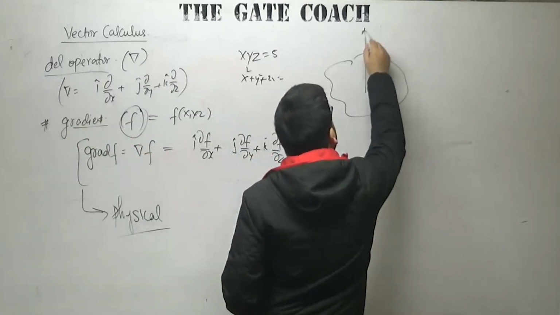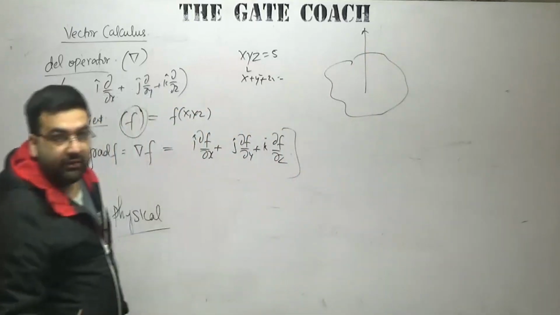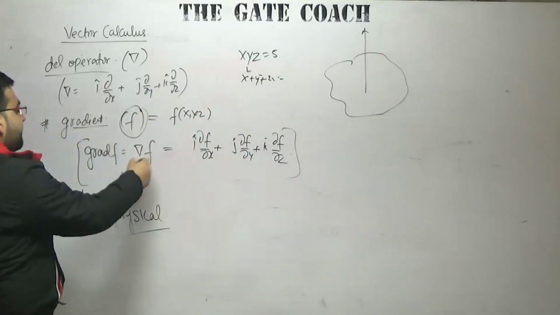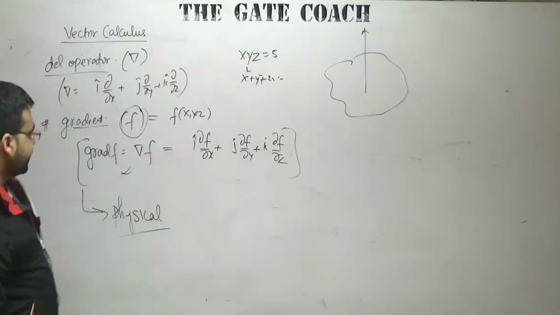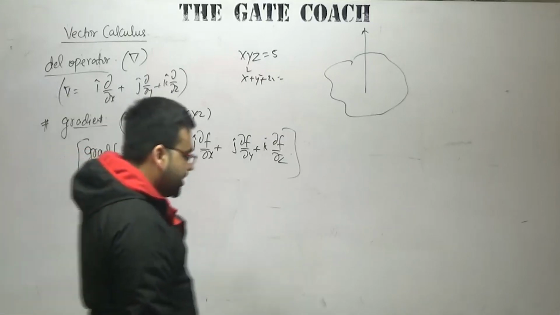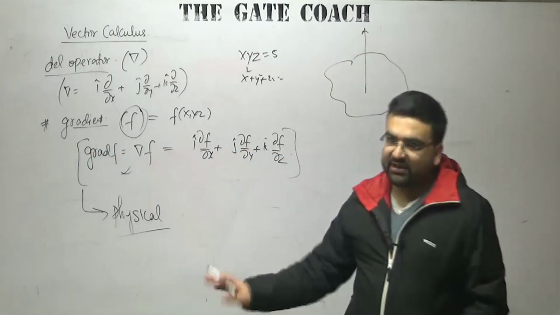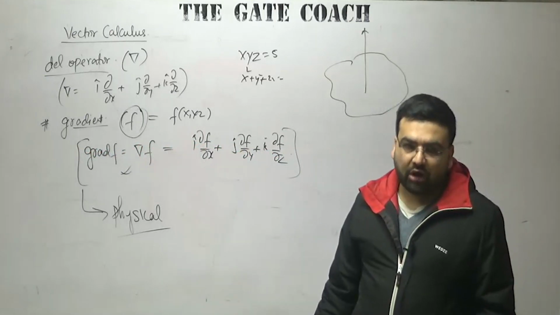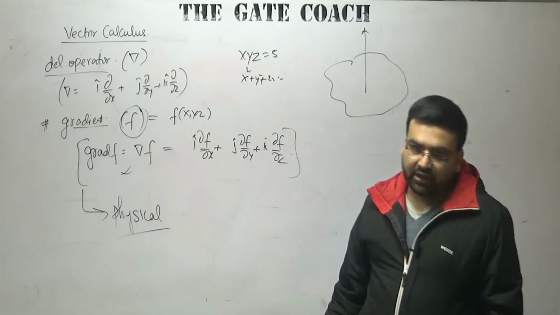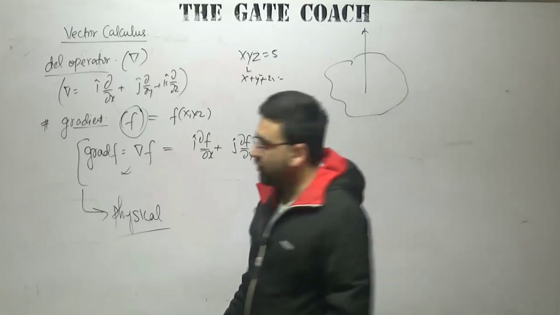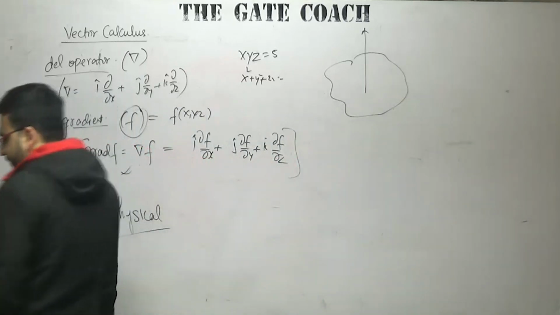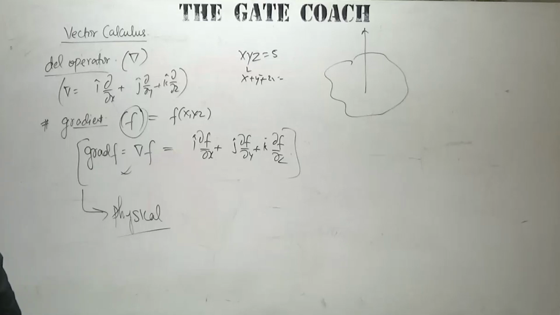The vector which is perpendicular to that plane, the normal vector of that plane, is represented by grad f. This was the physical significance of grad f. If in a question the equation of a plane is given, the vector normal to this particular plane will be found by calculating grad f, which is perpendicular to that plane.